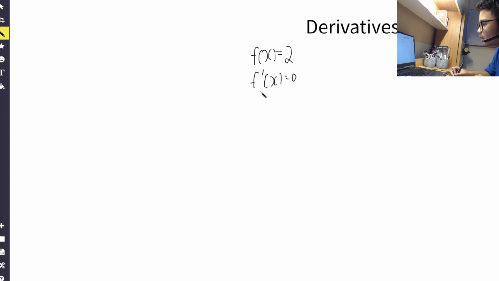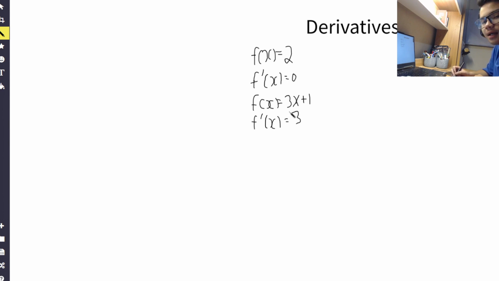Now let's say the function f of x is equal to 3x plus 1. Then when you find f prime of x, it's going to be 3.